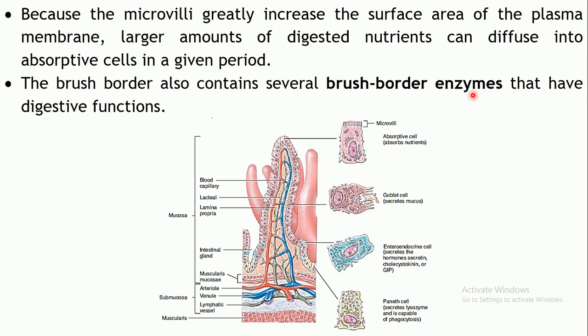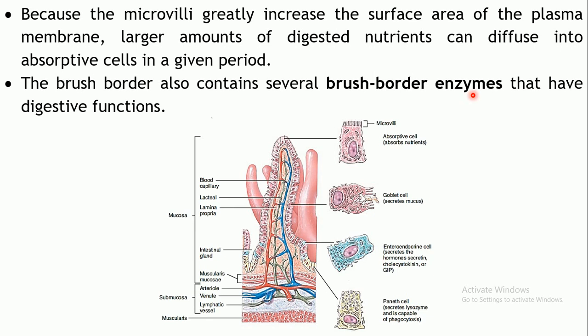Okay, so these three features will increase the surface area of the small intestine in a very, very large proportion, so that quick absorption of these digested nutrients can be possible. It's made possible because of the increase in this surface area, especially the microvilli.